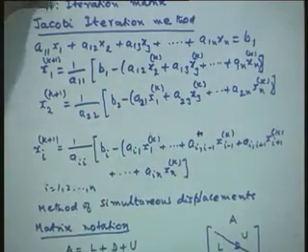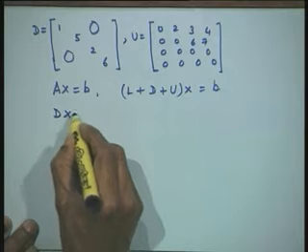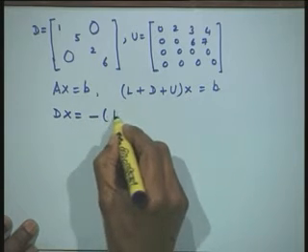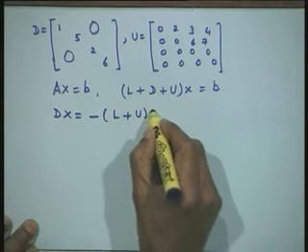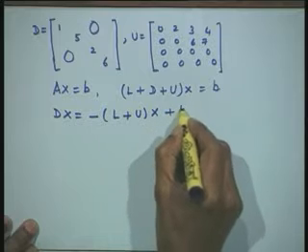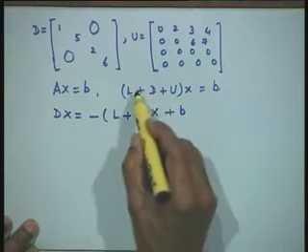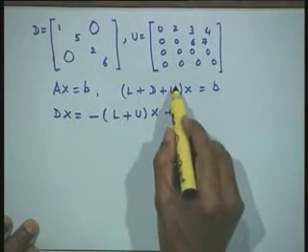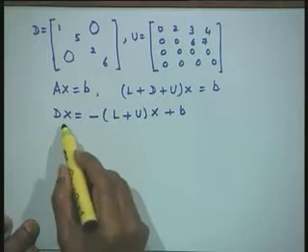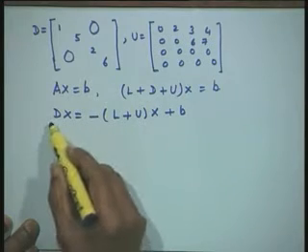That means these pivots are coming from the diagonal elements. Therefore, I would keep D on the left hand side and take the remaining things to the right hand side: minus L plus U of x plus b. So, I take the contribution of the lower triangular part and the upper triangular part to the right hand side and write Dx on the left hand side.